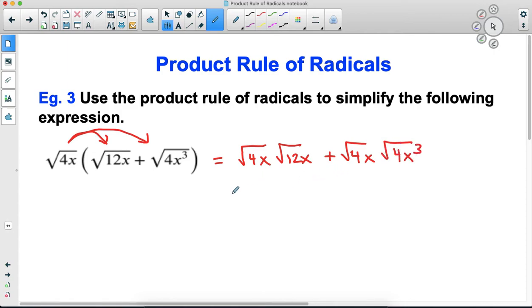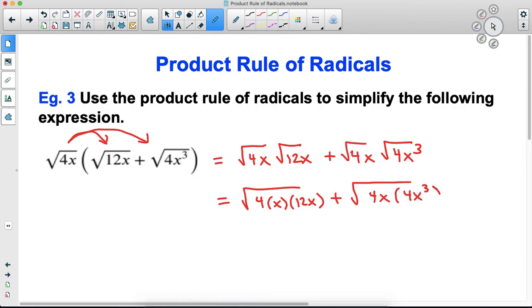Now using the product rule, we can actually write the product of the radicals as the radical of the products. So this is equal to the square root of 4x times 12x plus the same applies here. We have the product of two radicals, so we can rewrite it as the radical of the product. So we can say the square root of 4x times 4x cubed.